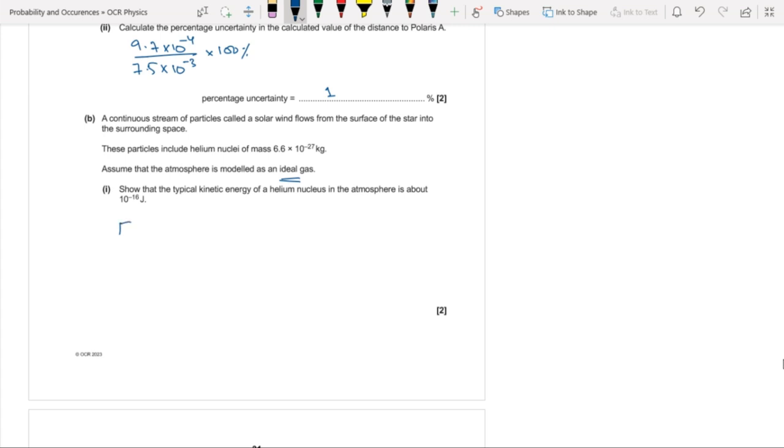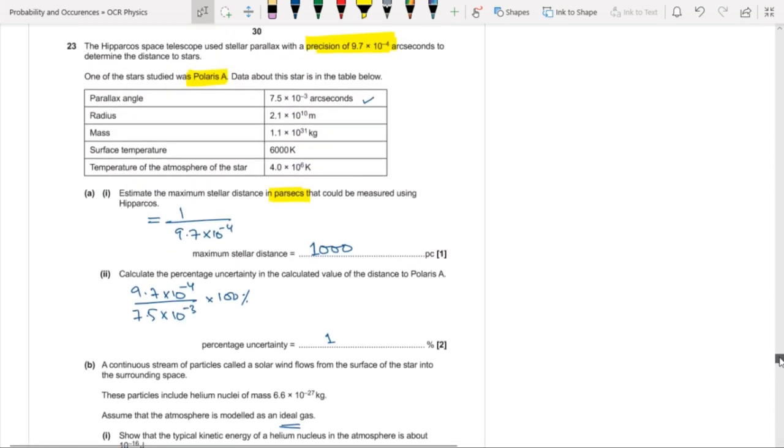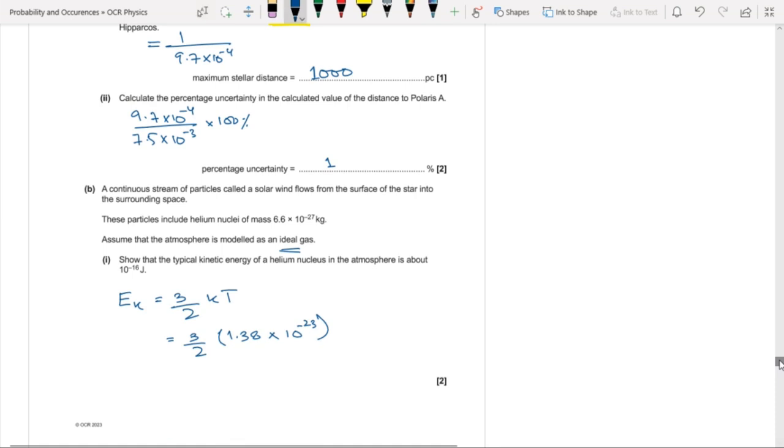that the mean kinetic energy of the helium nuclei would be 3 by 2 kT, where k is the Boltzmann constant and T is the temperature of the atmosphere around the star. So plugging in the values, 3 by 2 multiplied with 1.38 times 10 to the power minus 23 and times that temperature, which is given as 4 times 10 to the power 6 Kelvin.